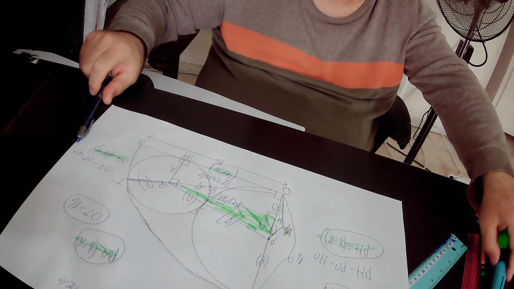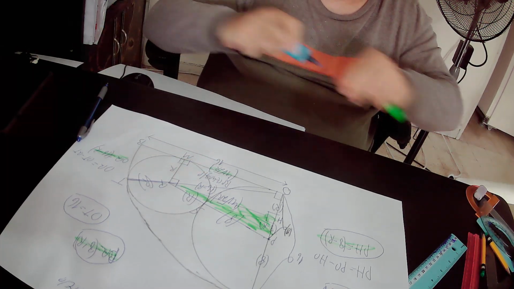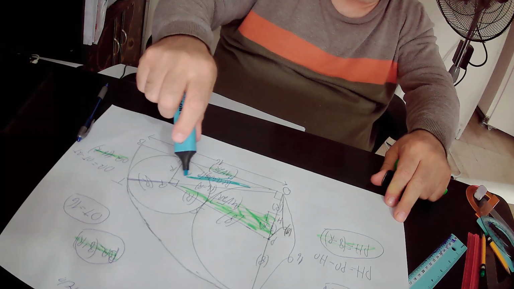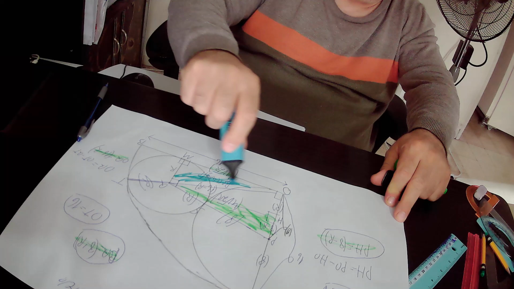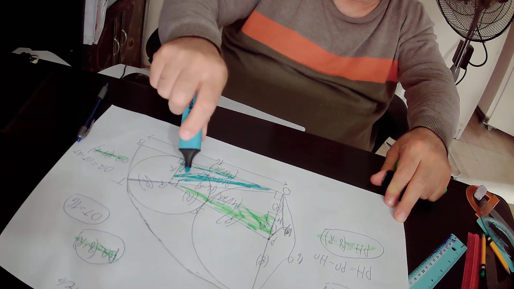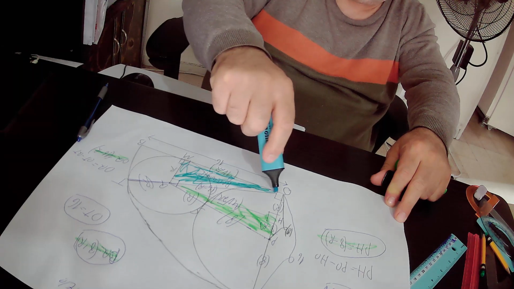In the next step, I'll copy the right blue triangle OQM in a new page, and we will implement the Pythagoras theorem on this right blue triangle OQM.